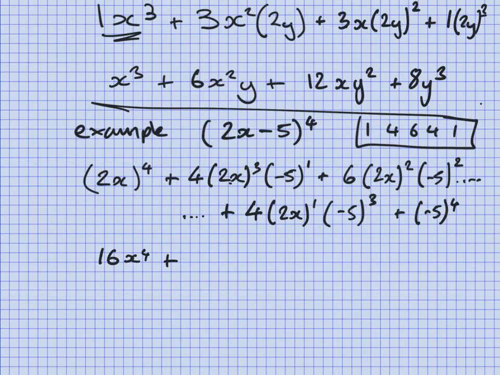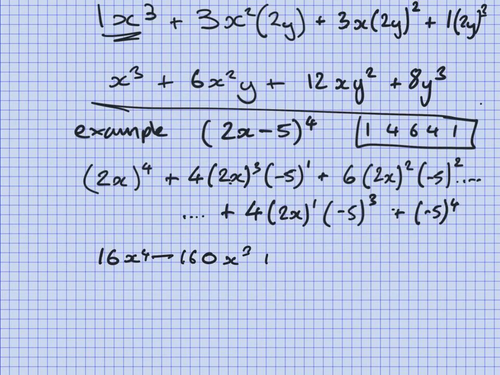Times by the 4 gets me to minus 160x cubed. Next term, I've got 6 times 2 squared, so 6 times 4 is 24, times 25.